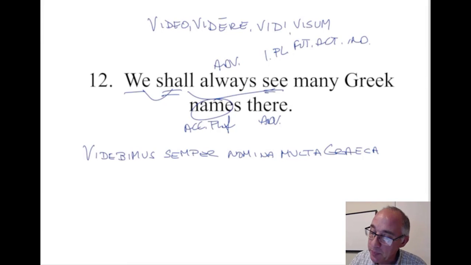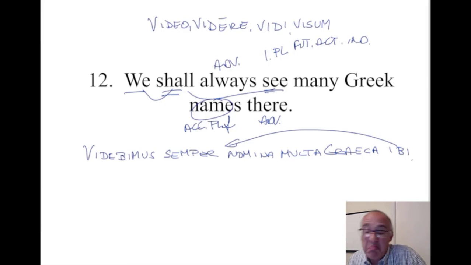I'm fine with that. Ibi. I'm not sure I like that ibi at the end. I'd move that maybe over here, but I'm not sure I like the semper and the ibi together. That's okay. I think in Latin it might be a little better. This is going beyond the scope of the grammar. You understand that?